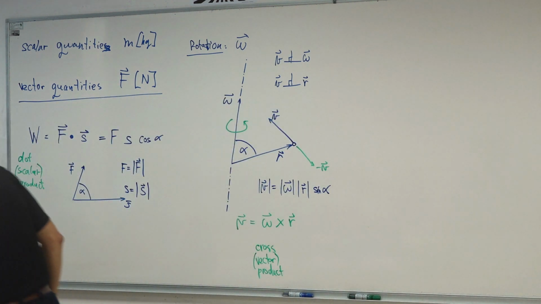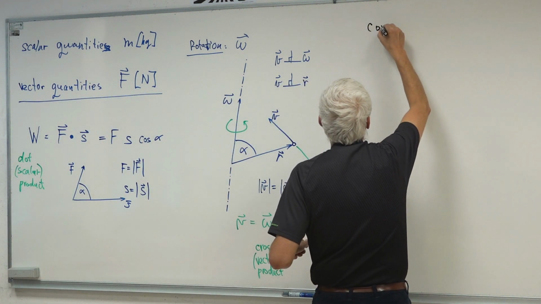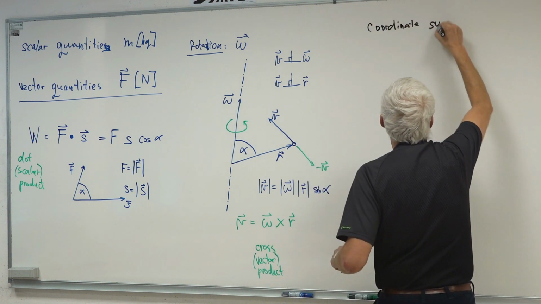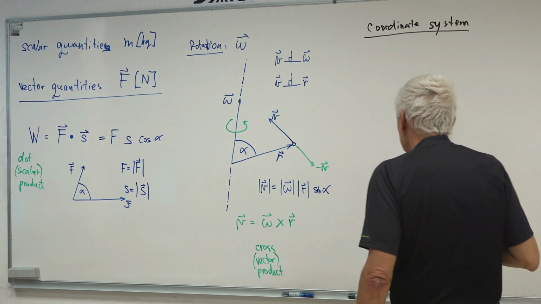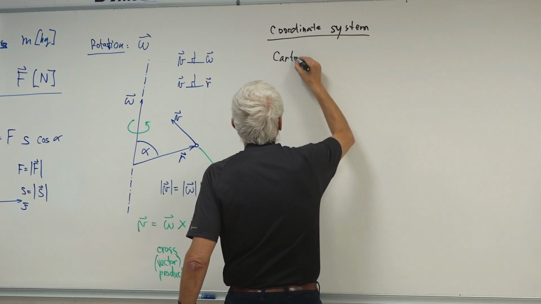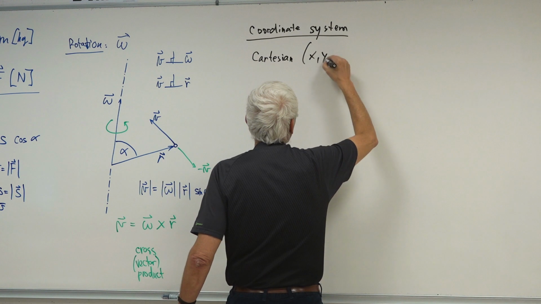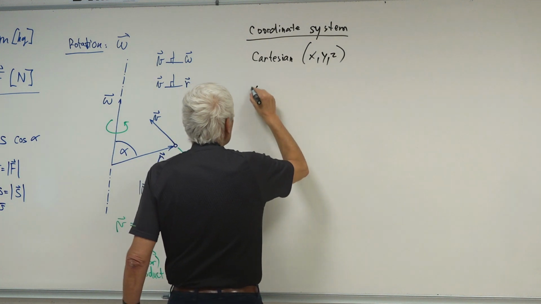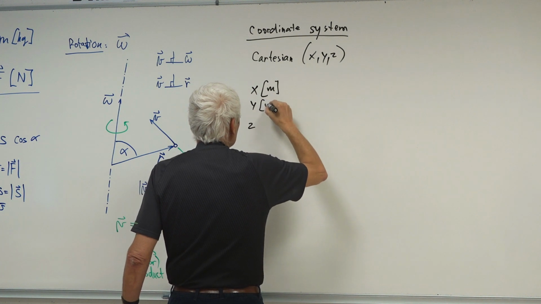We solve this by defining a coordinate system. The simplest coordinate system is the Cartesian coordinate system. Usually the coordinates are denoted x, y, and z, where all x, y, and z have dimensions of length, so meters usually.